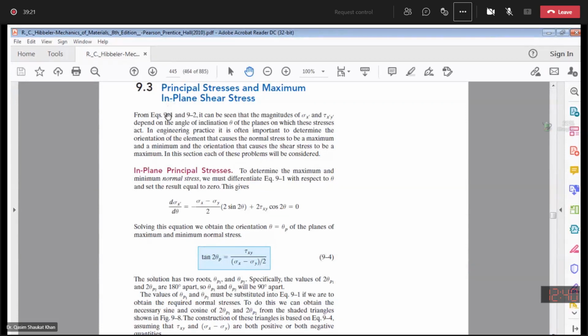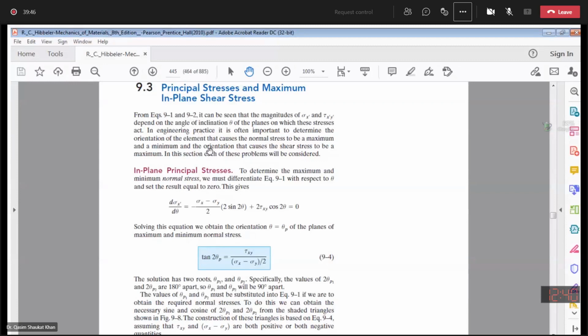Figure these equations 9.1 and 9.2. Equation 9.1 is our equation for the calculation of the transformed normal stress sigma x dash, and 9.2 is our equation for the calculation of the transformed shear stress tau x dash y dash.